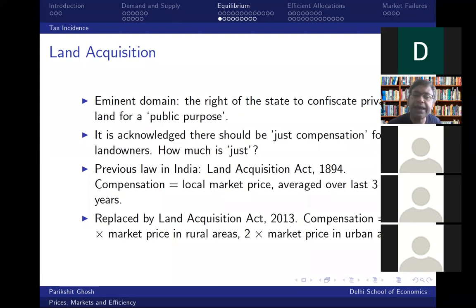So in the case of Singur, in Tata's factory that they were trying to build there, land there is highly fragmented. Each farm is very, very small. So I think the number of land owners involved was more than 1,000. So that creates all kinds of problems.